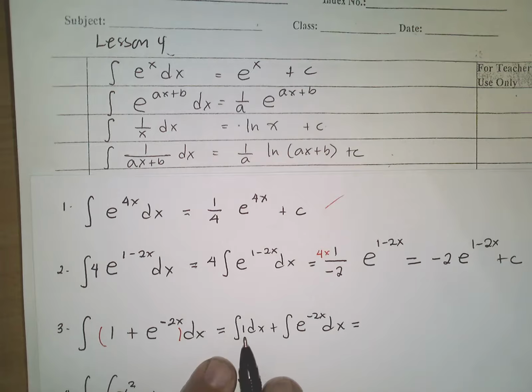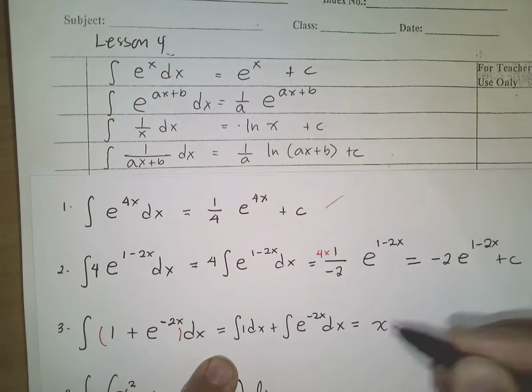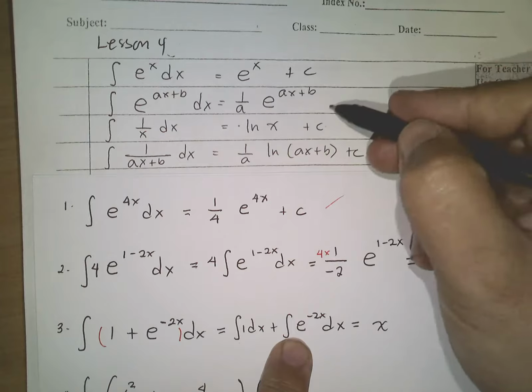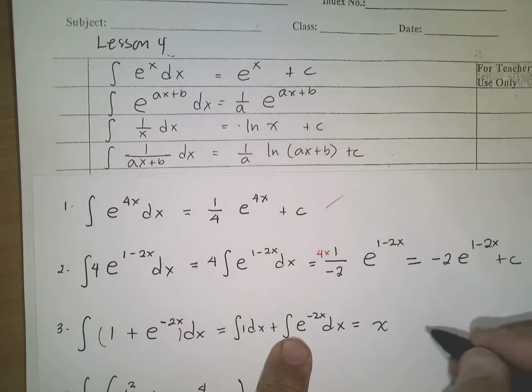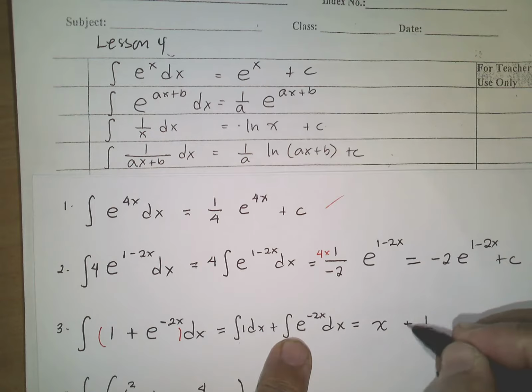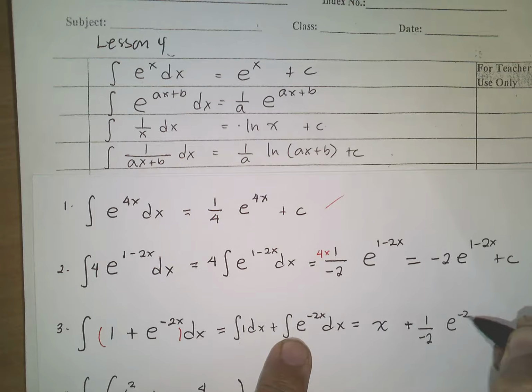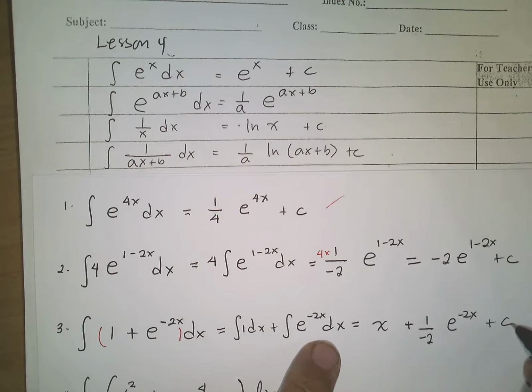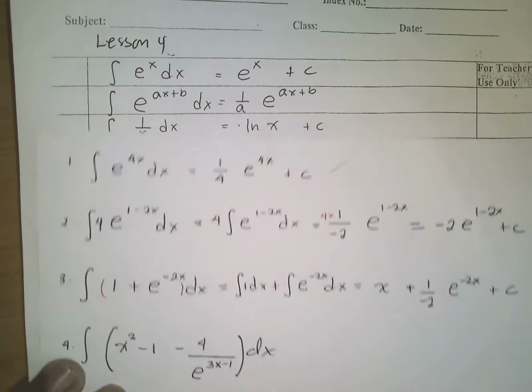So the integral of 1 is x. The integral of e to the negative 2x, by using formula number 2, will be, sorry, plus 1 over negative 2 e raised to negative 2x. So that is now the final answer. Just need to add c.